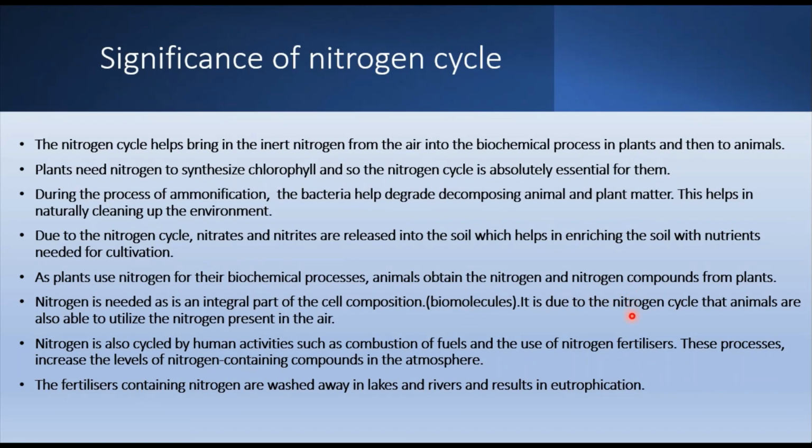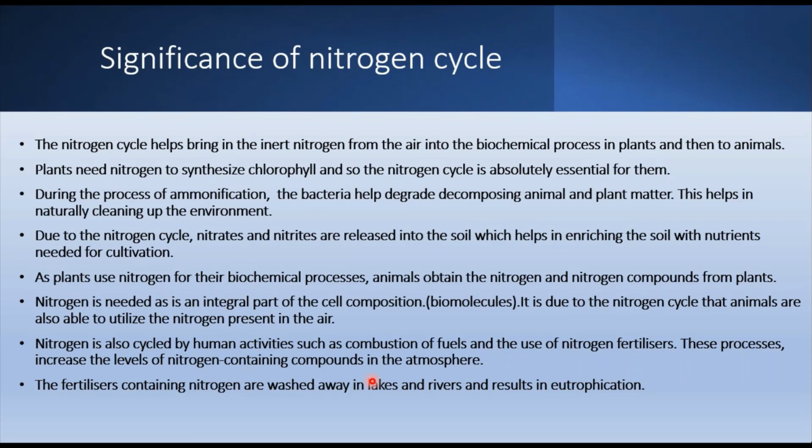And it is due to the nitrogen cycle that animals are also able to utilize the nitrogen present in the air. And nitrogen is also cycled by human activities such as combustion of fuels and use of nitrogen fertilizers, and these processes increase the level of nitrogen-containing compounds in the atmosphere.